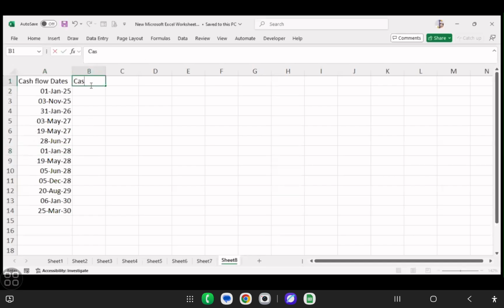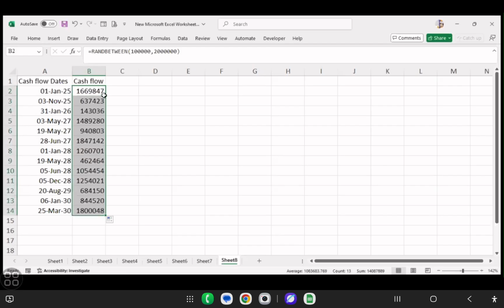Then cash flow. Let me assume cash flows again. Just ignore the way I'm determining it. I am assuming that my cash flows happened randomly, like that.